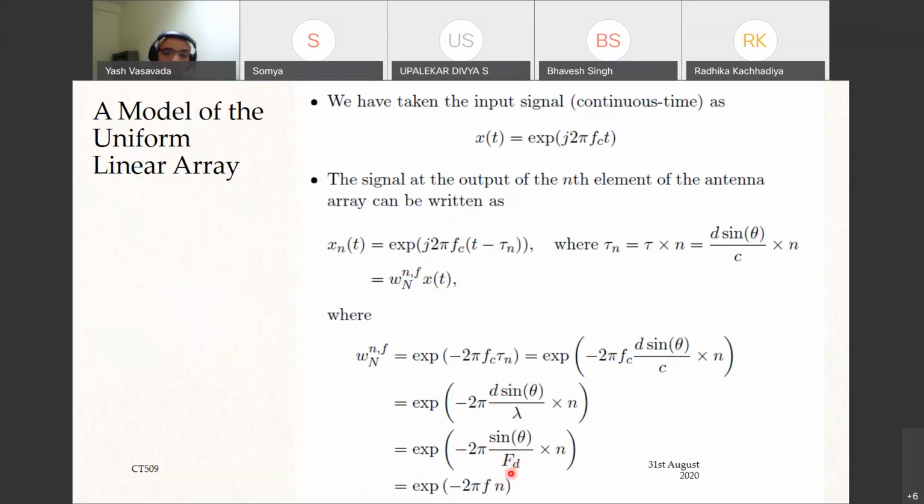So with that, my expression for xn of t becomes very much like what I had for the discrete time FIR filter case. The only difference is that in that formulation, this small f was not sine theta divided by fd, but it was instead of that what it was. Can anyone tell me?